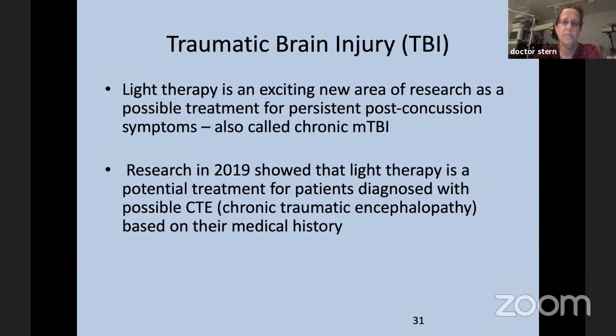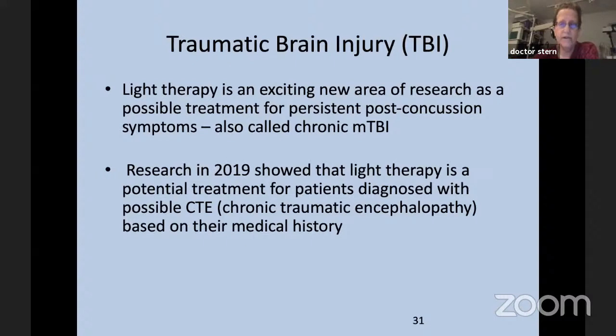Now, in terms of traumatic brain injury, in 2019, they looked at light therapy for a condition called CTE. CTE is chronic traumatic encephalopathy. It's a condition that's hard to diagnose while someone is alive, but they do know that when they've examined brains of athletes in particular, who sometimes prior to their death show a lot of psychiatric issues and other kinds of things, that they are diagnosed with this CTE, and they can see these changes in their brain.